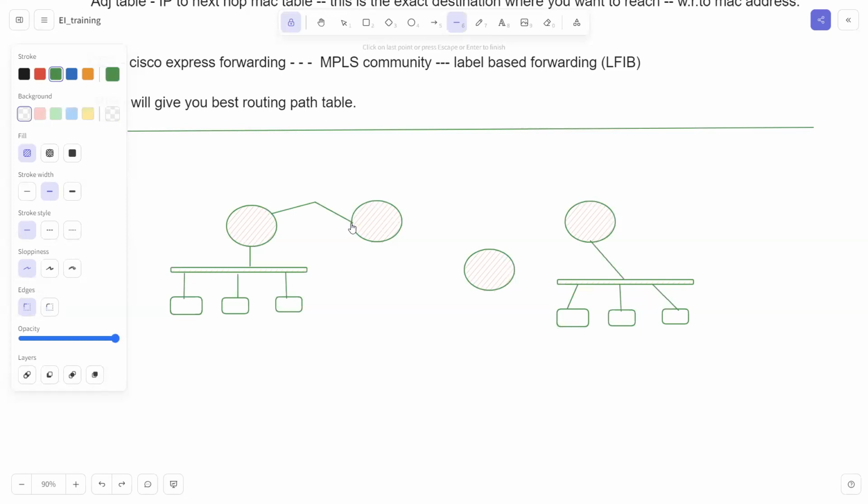These are the ISP links. Then I will connect this. This is my ISP link. And then I will connect the rest. All right, so we have the links in between.